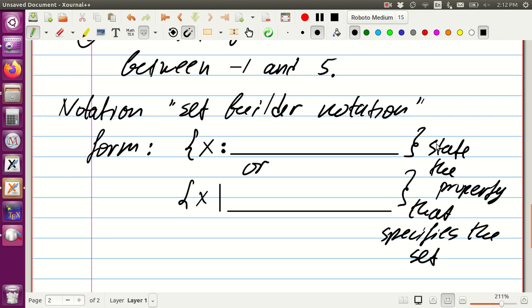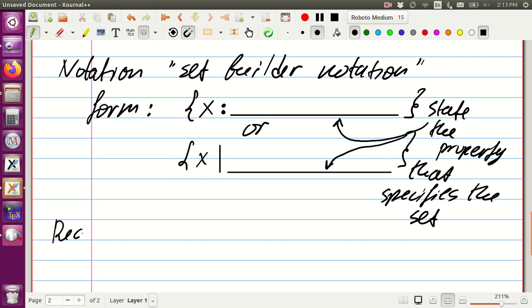All right, so we put this property over here, because some people use a colon, some people use a vertical line. So how do you read it?